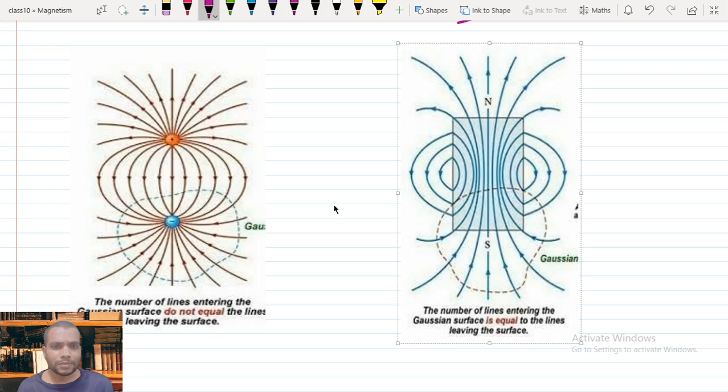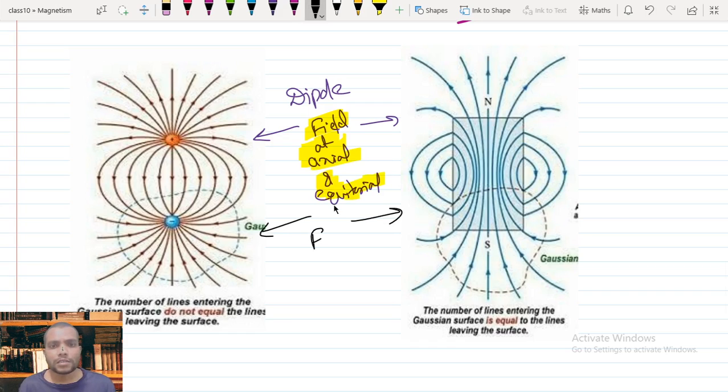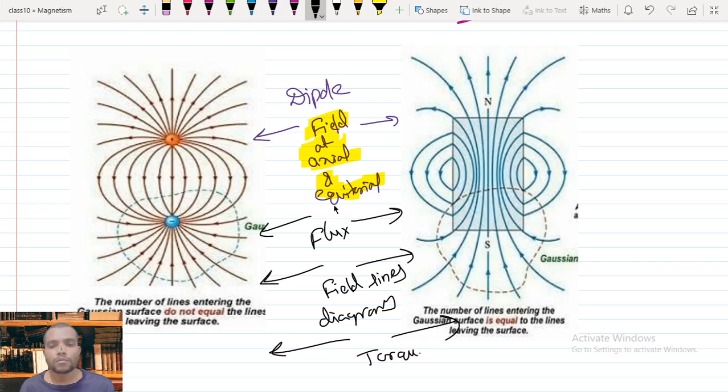So try to interlink all these concepts. If it is a dipole, the needed concepts to cover in both cases are: field at the axial point and equatorial point, which is the derivation, and apart from that flux, and in both cases, electrostatics and magnetism, the field lines diagram, and apart from that torque, and finally energy, mainly potential energy.